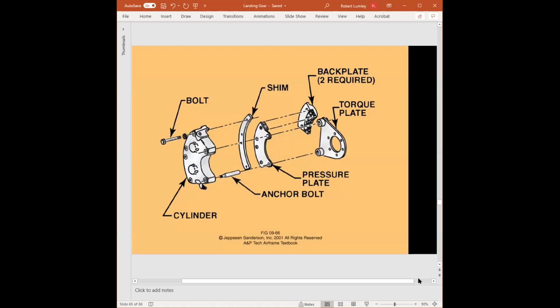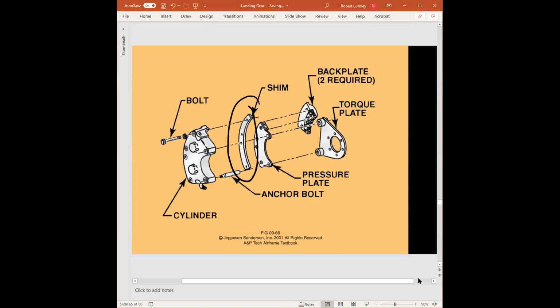Here is kind of the brakes that we looked at yesterday, right? We have a pressure plate, the back plate, and in this case, the brake linings are actually riveted to the pressure and the back plate. Now, this one's interesting because it shows this shim.